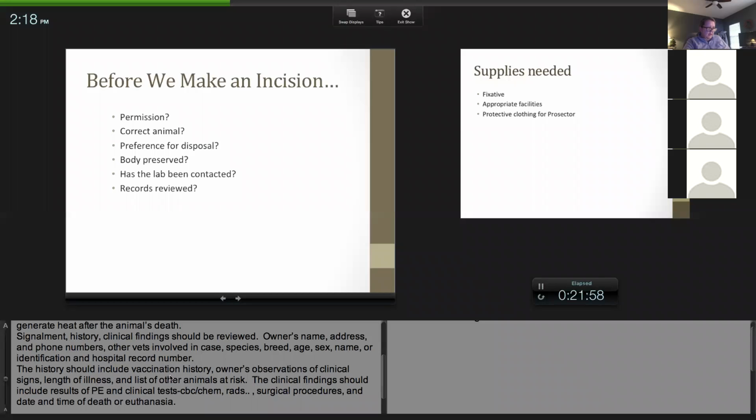The history about vaccinations, any recent testing. Time of death is going to be huge, or the time of euthanasia. Because sometimes an animal is going to be brought to you that's already deceased, and sometimes you're going to euthanize them and then do the necropsy. So that all has to be recorded.